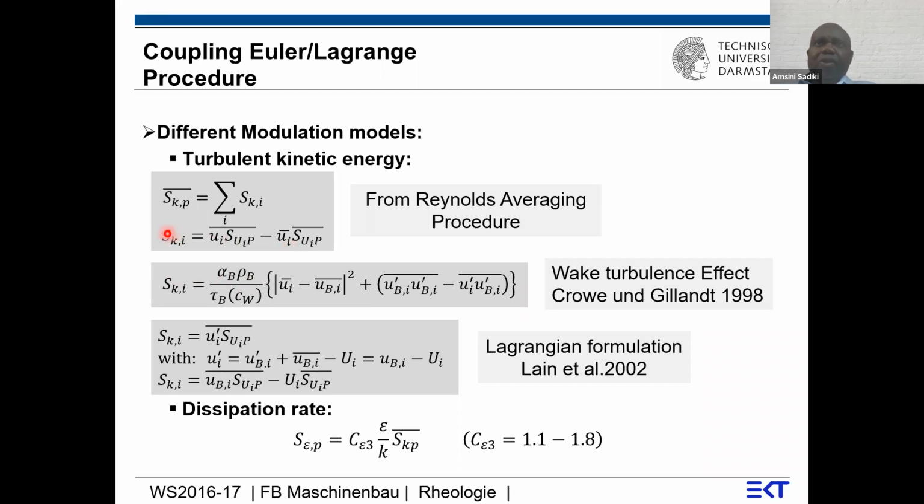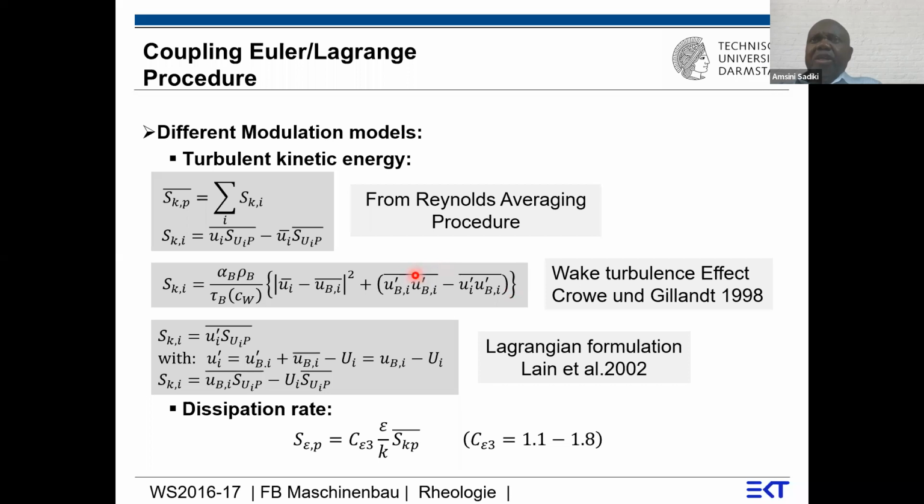If we use this expression, this means that we will only dissipate the kinetic energy. And in the case we have wake turbulence effect, Groh and Gillan, 1998, use the Eulerian expression and derive this expression here.